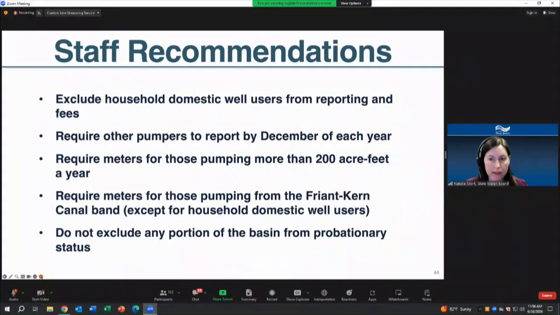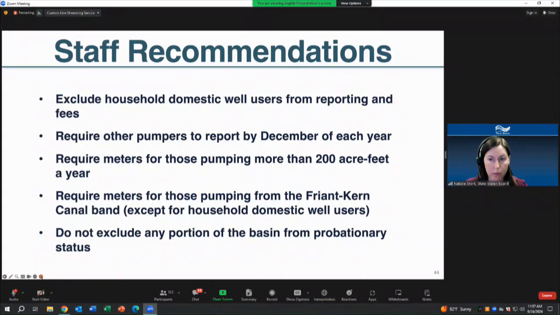If the board puts the basin on probation, staff recommend excluding household domestic well users from reporting and fees. The law does this by default, but gives the board flexibility to include domestic well users in some circumstances. We recommend that the board stick with the default and exempt household domestic well users.